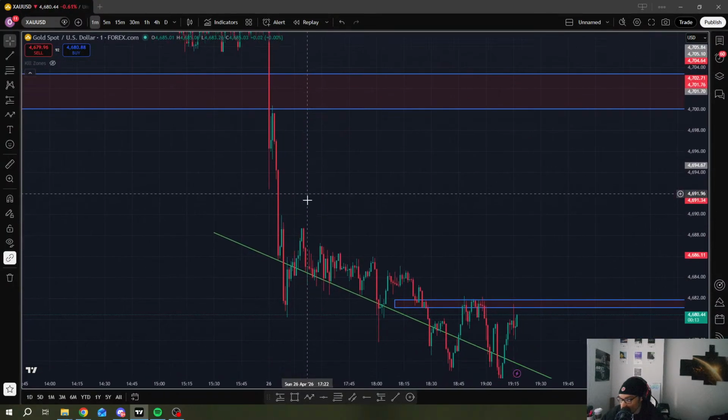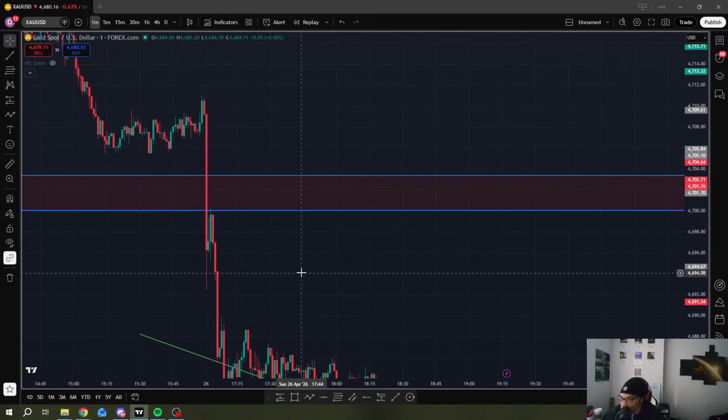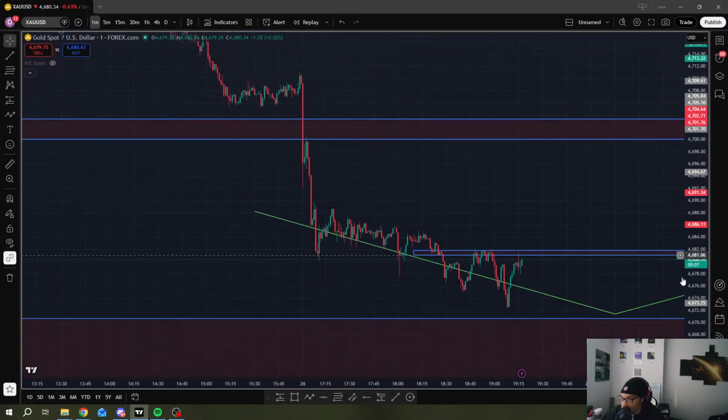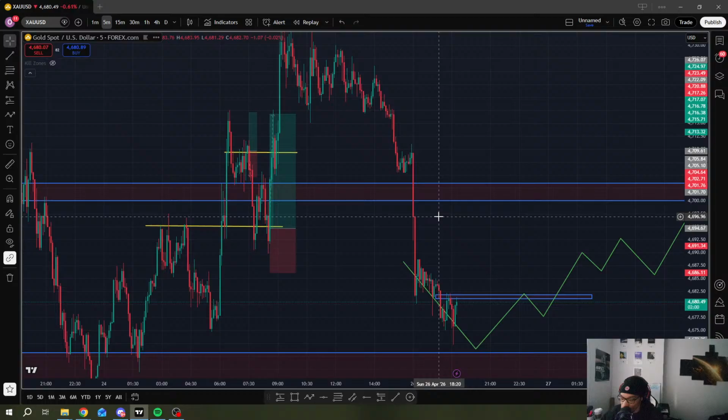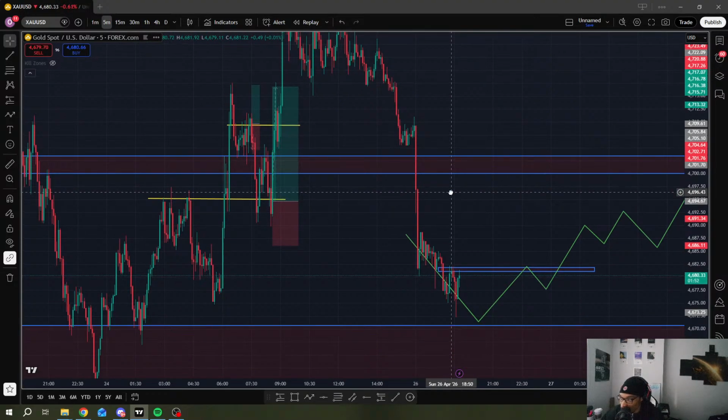We need to fill this gap. Whether that gap gets filled now or later, we still need to fill this gap. And so I'm looking for price, and this is on a 1 minute, to push back to the upside to fill this gap. Nobody knows when the gap is going to be filled, but we all know that when there is a gap, especially during an opening, we need to fill that.